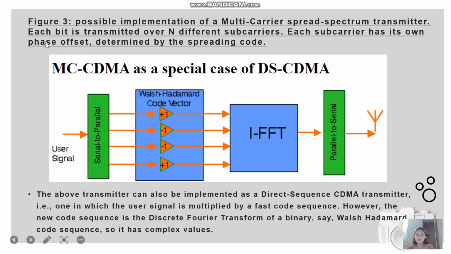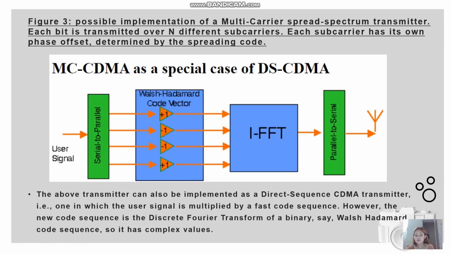Figure 3 shows a possible implementation of a multi-carrier spread spectrum transmitter where each bit is transmitted over N different subcarriers, and where the above transmitter can also be implemented as a direct sequence CDMA transmitter, one in which the user signal is multiplied by the fast code sequence.